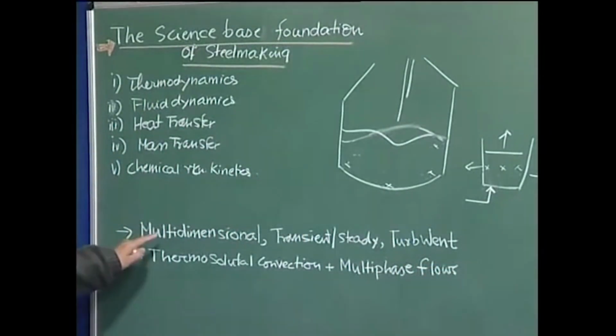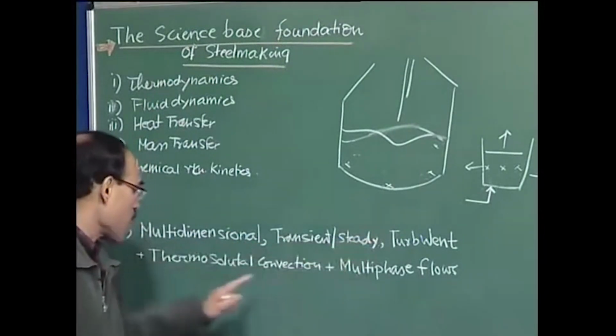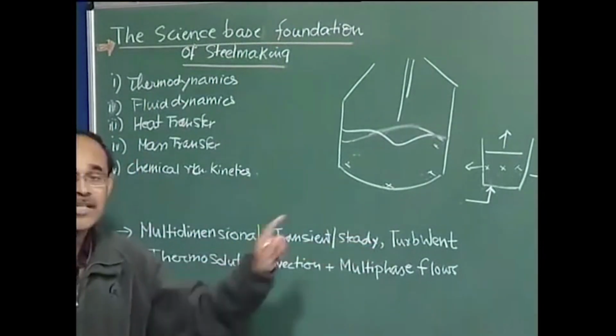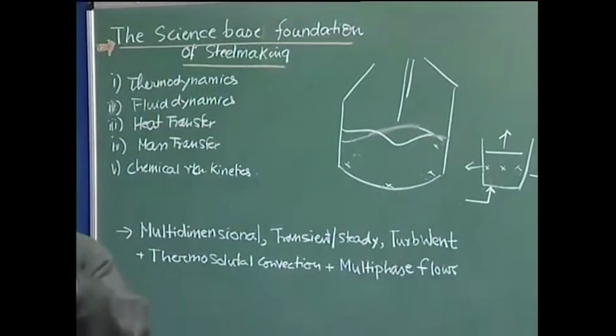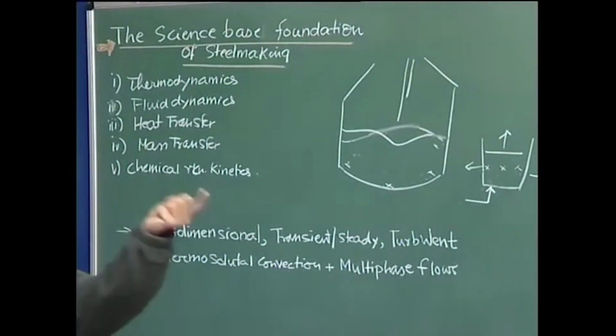So multidimensional, transient or steady, turbulent, thermosolutal convection plus multi-phase flows. You name a complexity, you will find it in steel making.